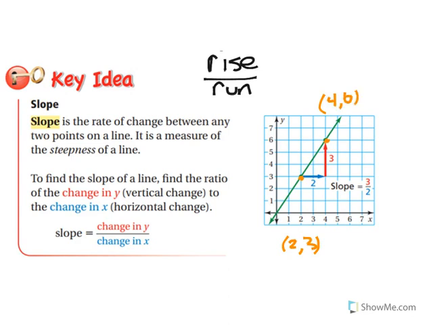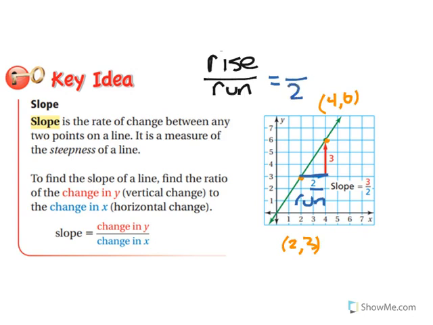We can determine the slope by looking at how much we move on the run, which is going horizontally, and then going up the rise, which is vertically. So the horizontal movement goes over 2. Again, this is called the run. It ran 2.